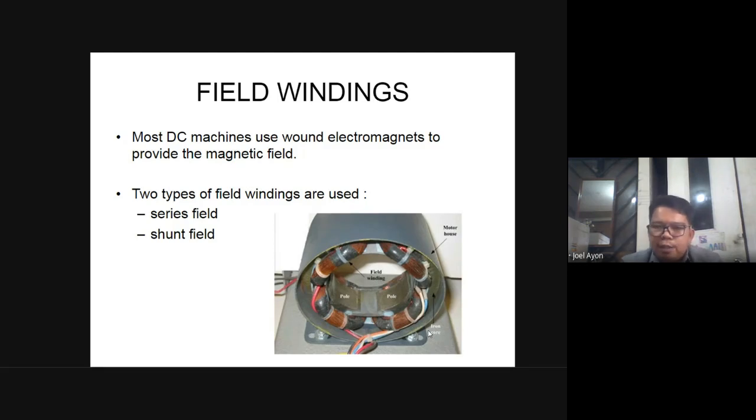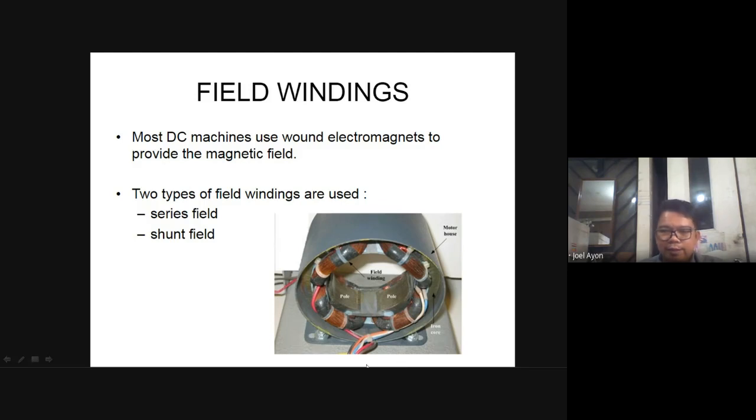If you have seen the motors in toys, toy cars, their stator has no field winding. Who has opened the toys, remote controls, or dials, the small electric DC motors, class? Who has tried to open or disassemble one? None yet? Anybody?